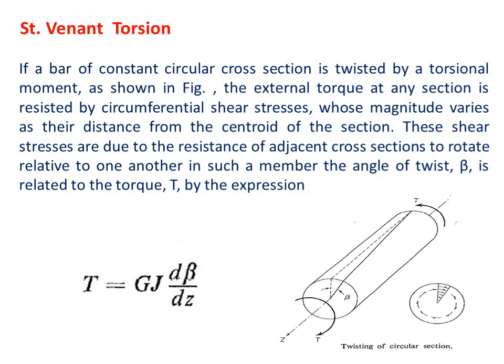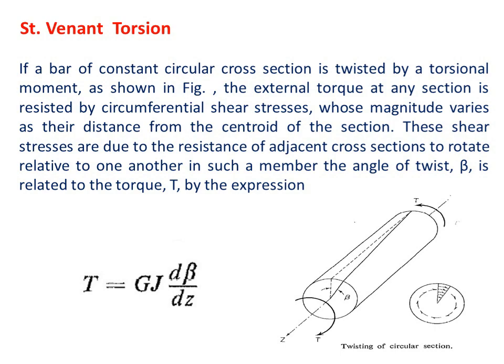The external torque at any section is resisted by circumferential shear stress, whose magnitude varies with distance from the centroid of the section. These shear stresses are due to the resistance of adjacent cross sections to rotate relative to one another. In such a member, the angle of twist beta is related to the torque T by the expression T is equal to GJ into d beta by dz. d beta is a small angle.